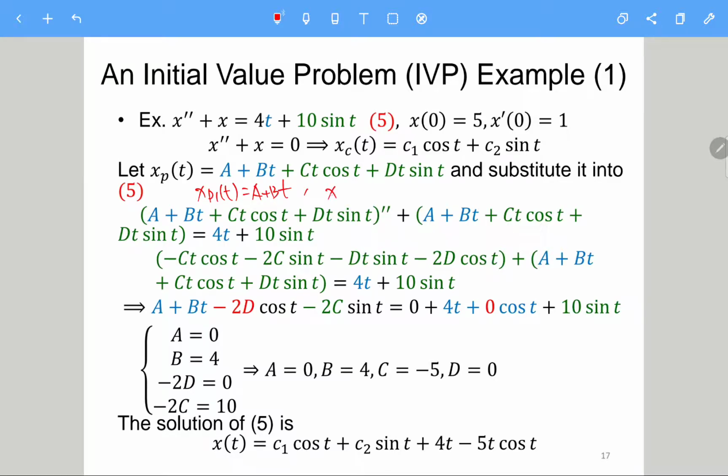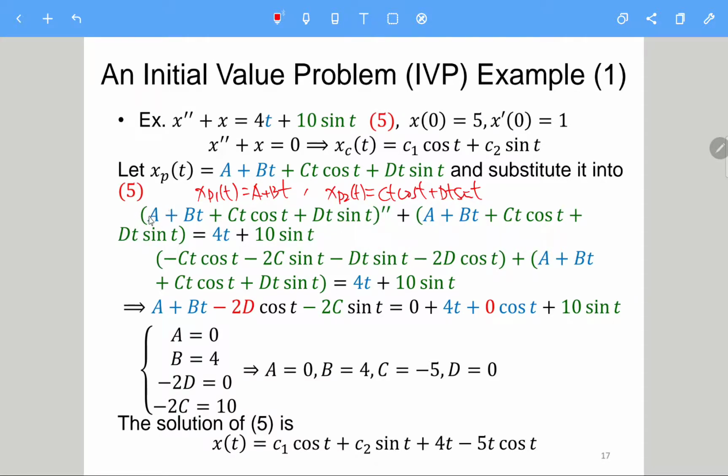Then the next step is x_p2 of t equals ct cosine t plus dt sine t, and plug it into the original equation without the 4t, and you still find them. But actually, you can just make x_p of t this one plus this one, and then all together you plug into the original equation 5, and you can find a, b, c, d all together. So we have double prime here.